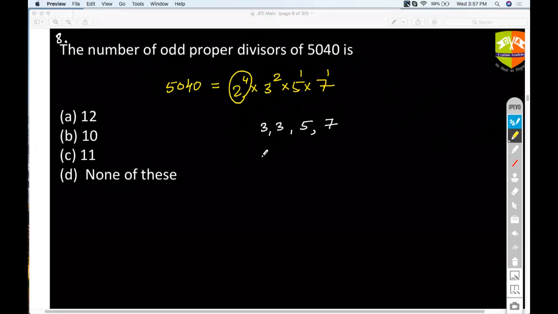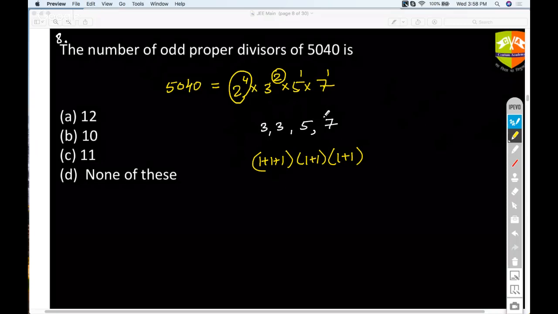So how many ways can I select a 3? I can select either 1 or 2 or none. So there are 3 ways to select a 3, that is nothing but 2 plus 1. In a similar way, the number of ways to select a 5 will be 1 plus 1, and the number of ways to select a 7 will be 1 plus 1. You understand why an additional 1 is over here? Because you may not even select it.